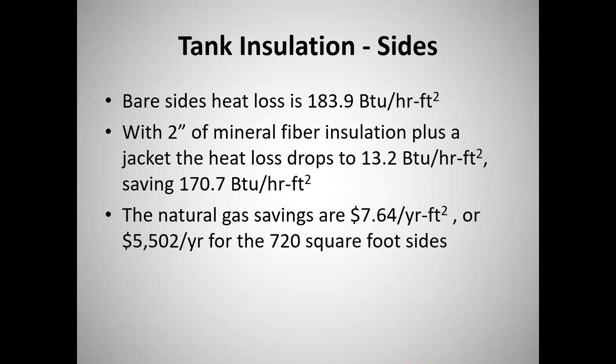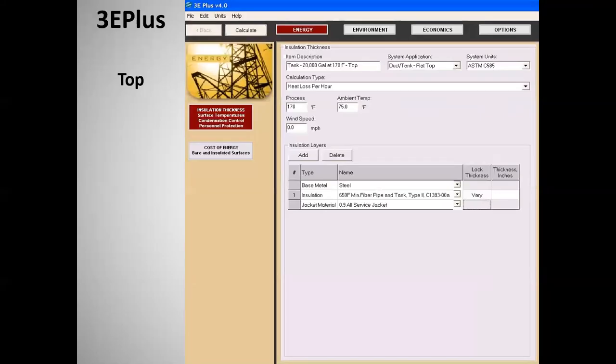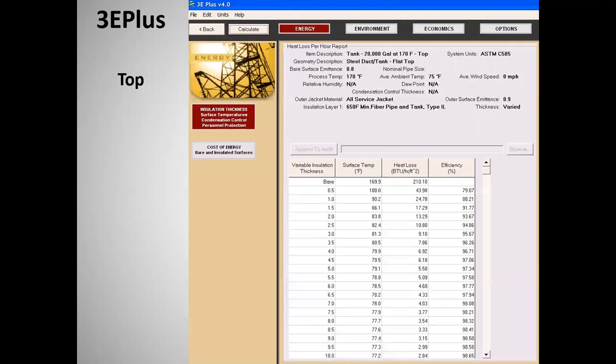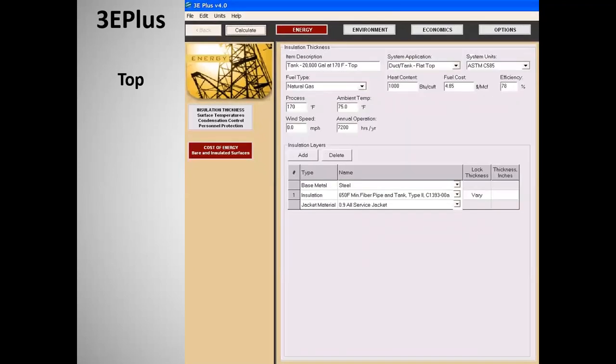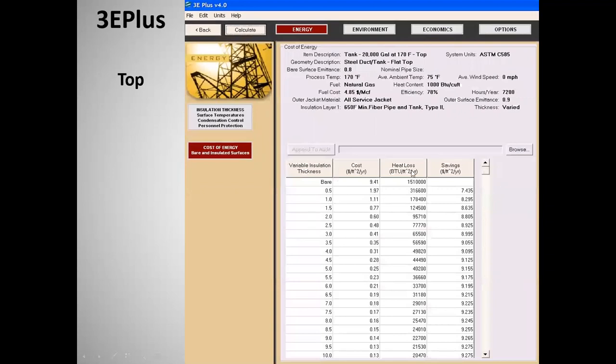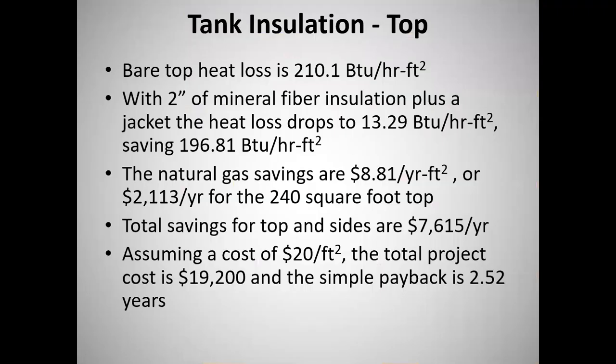So we're at $5,500 for 720 square feet on the sides, and then you can run the top, the duct flat top, the energy here, and then you can run the cost, bingo, and so we're going to save $8.80 on this one. Or 881. So the same sort of thing.